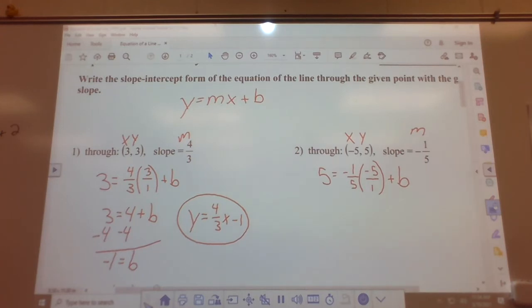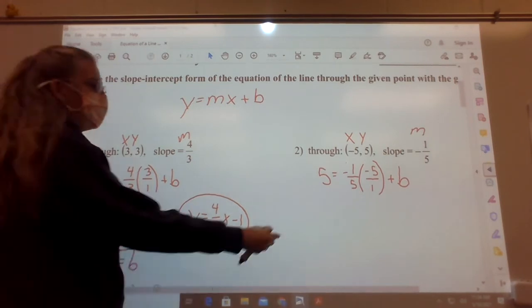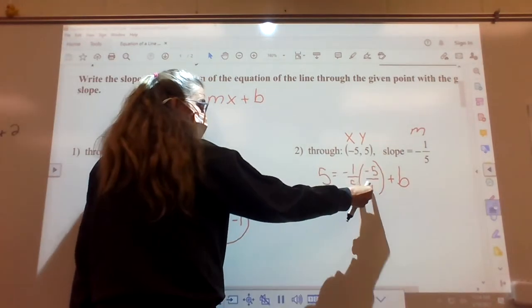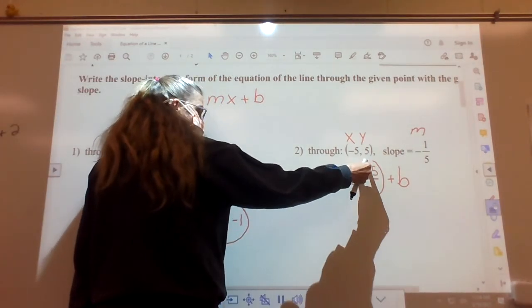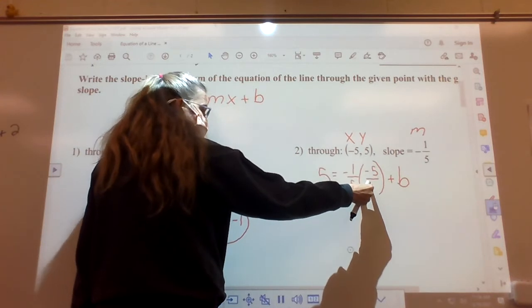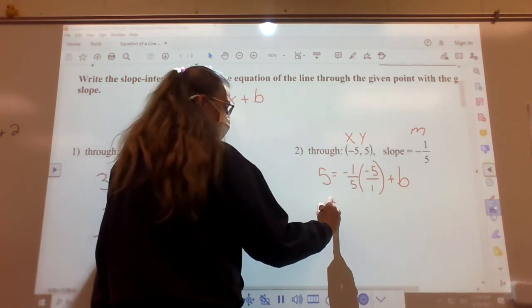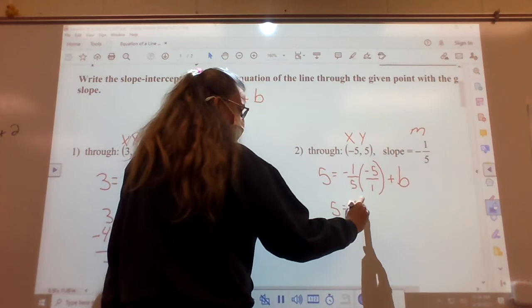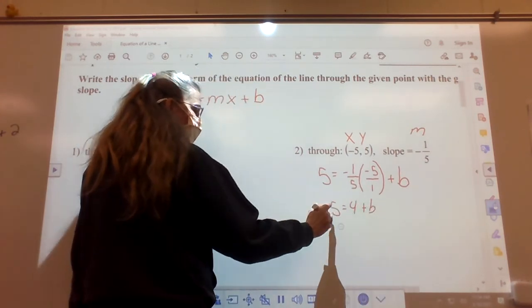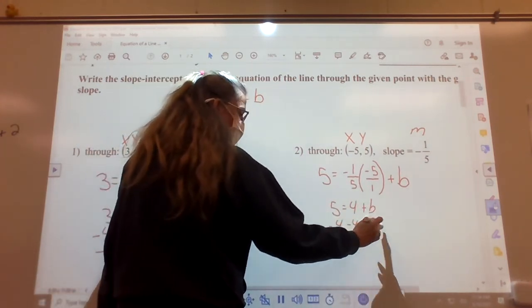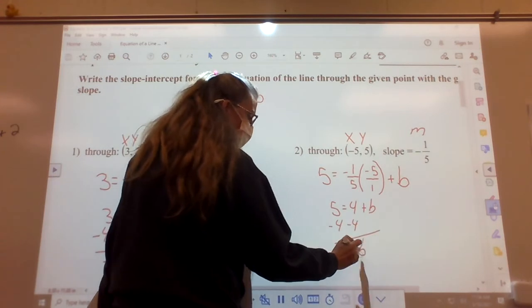Now I can go ahead and multiply. -1 times -5 is a +5 over 5. So 5 over 5 reduces down to 1. So 5 equals 4 plus b. Subtract the 4 from both sides. 1 equals b.